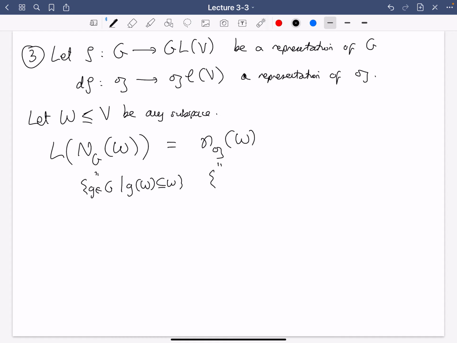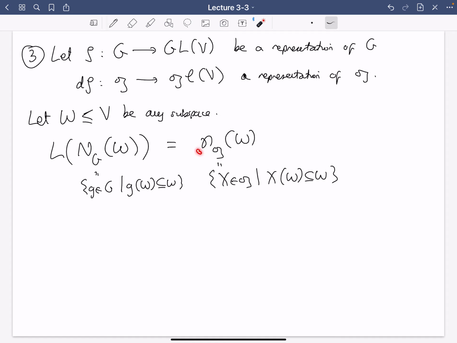So this is all x in the Lie algebra such that x of w lies in w. So this is a German n here. When you're inside Lie algebras, for groups you use capital N for normalizer, capital C for centralizer, capital Z for center.